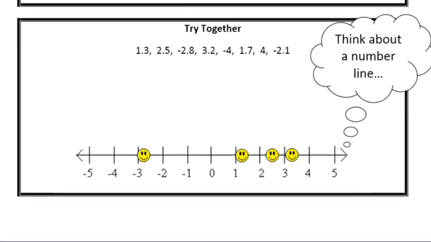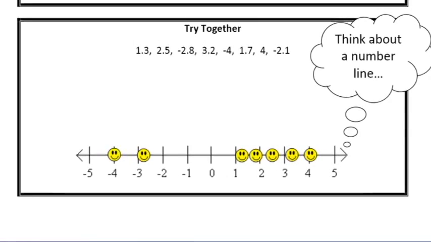1.7, it's between 1 and 2. Now compare 1.7 and 1.3. If you don't automatically see that 1.7 is bigger, look back to the number line. 1.7 will be closer to 2, whereas 1.3 will be closer to 1. Positive 4. Notice that positive 4, I didn't put it in the same place as negative 4. They're on opposite ends.